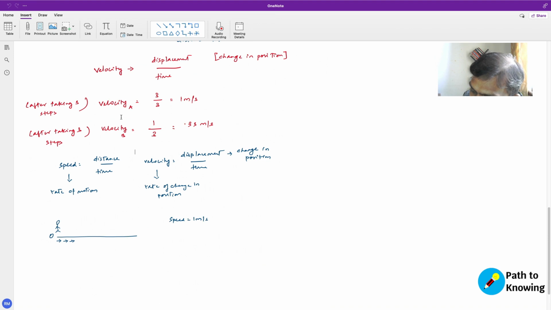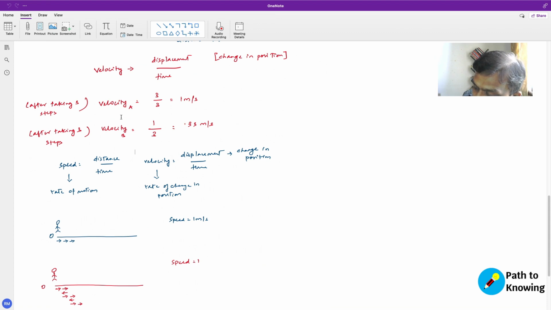Now we have the second person, whom we saw, from the origin. For every second step, she goes back one step and then moves forward. This is how this person moves. So the speed is again 1 meter per second.